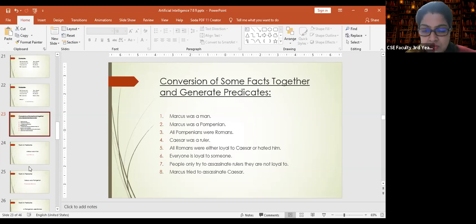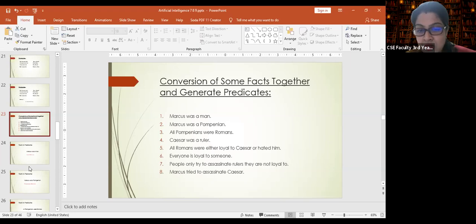So what we can take from fact number 7, that is, people only try to assassinate rulers they are not loyal to. And from fact number 8 it is written that Marcus tried to assassinate Caesar. So from these two facts we can come to another fact, that Marcus was not loyal to Caesar.